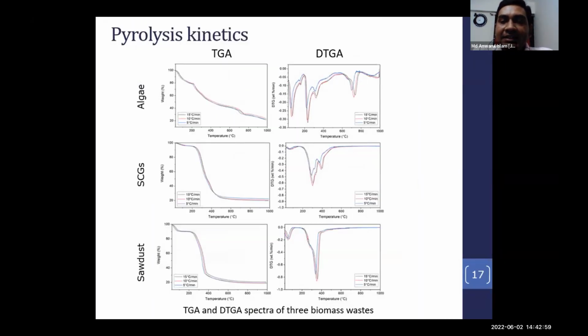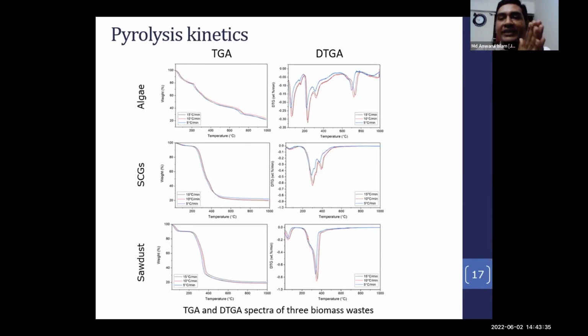Then I did the thermogravimetric analysis again using heating rates of 5, 10, and 15 degrees Celsius per minute to do the pyrolysis kinetic analysis. As you can see on the right-hand side in the derivative thermogravimetric analysis, the 10 degrees Celsius per minute heating rate has given the maximum decomposition for both coffee and sawdust, except algae.